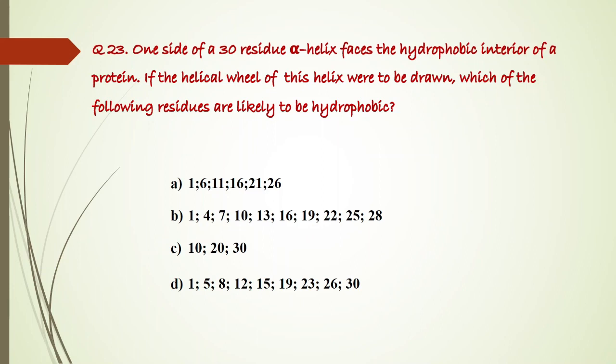Just draw the wheel for 30, from 1 to 30. What will be the helical wheel? Then try to find out the section which should be hydrophobic. I will discuss the question thoroughly. Just try to draw the helical wheel.